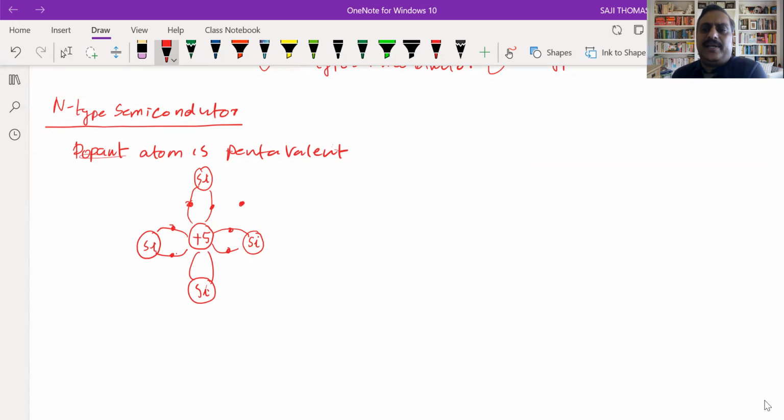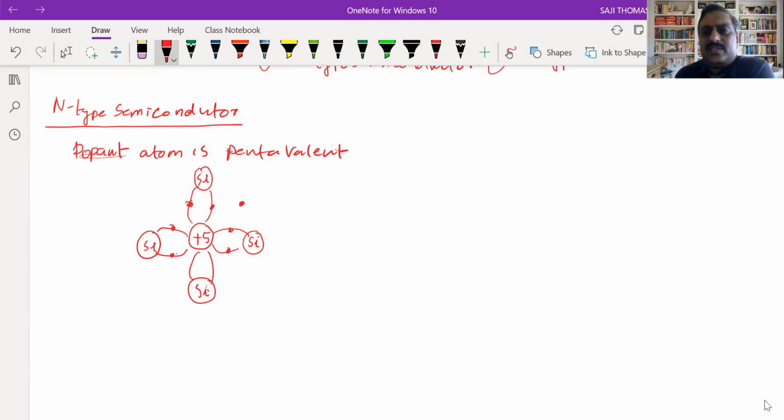In a pure semiconductor, electrons and holes are generated thermally also. So these are additional electrons. So there will be a large number of electrons in N-type semiconductor compared to the holes.